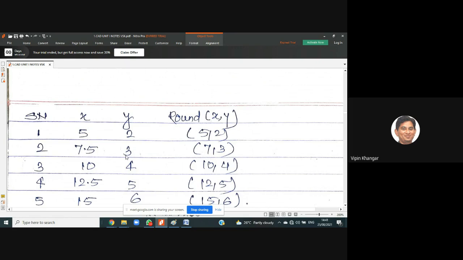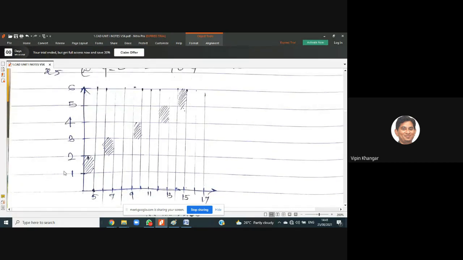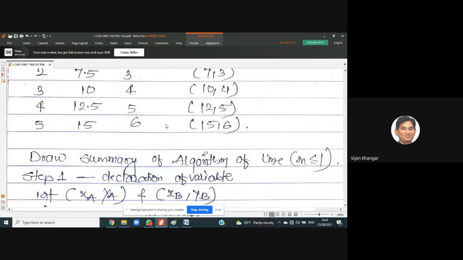But when it is exactly 0.5, you always take the lower side, that is 7. So rounded we have got 7 and 3. So here 7 and this is 3. This is the pixel that we require to mark. According to that, we mark the pixel, and this gives the line formed with the help of this equation of line.